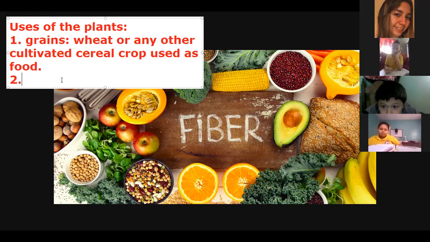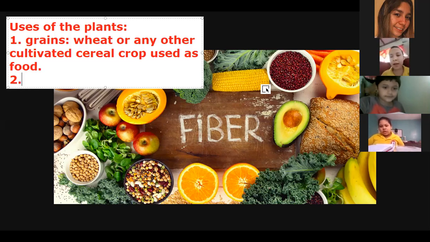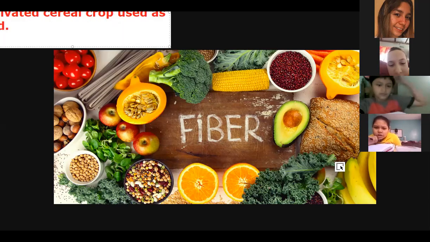Okay, so in the number 2, what food can you see here, guys, in the picture? Avocado, beans, oranges, beans, corn, orange, banana, broccoli, lettuce.